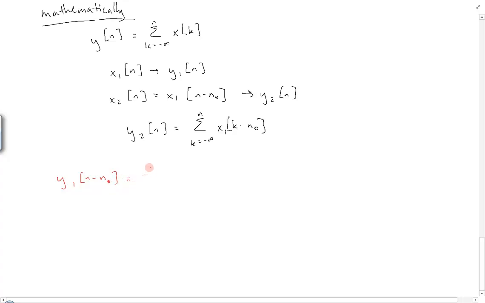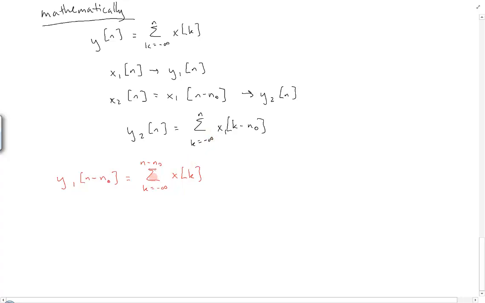This is going to be equal to, well, everywhere we had an n, we replace it by n minus n0. The only place we had an n was on top of the summation, the limit of the summation, so that would be the place where we place that, and we have x of k over here. And the question is, are these two things equal?